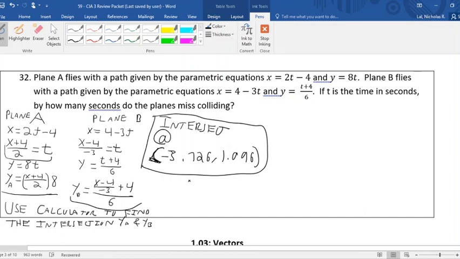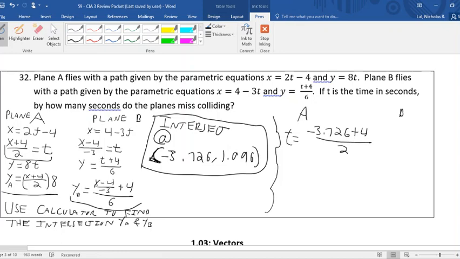All right. Now we need to figure out how much the planes miss colliding. So for A, t is equal to (negative 3.726 plus 4) over 2, plugging in our x value.